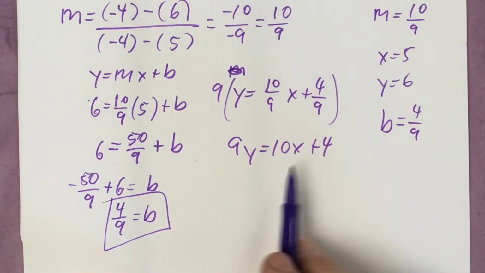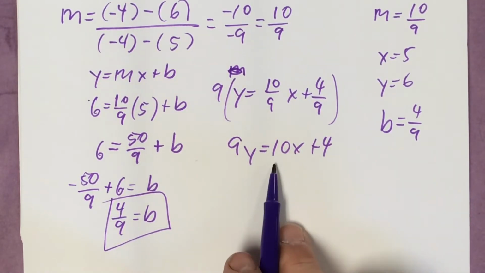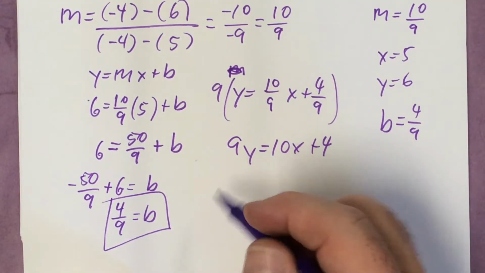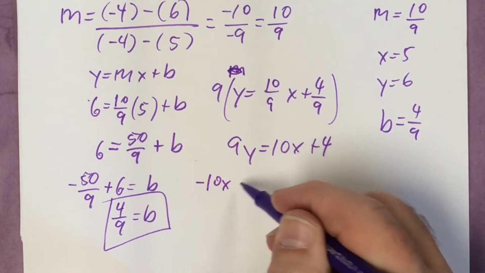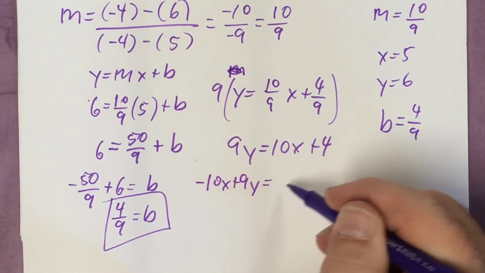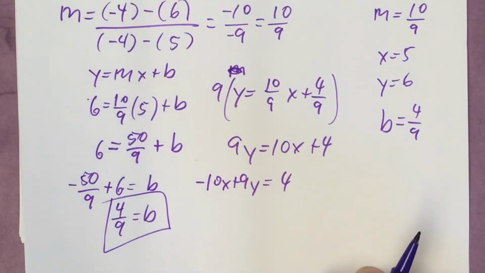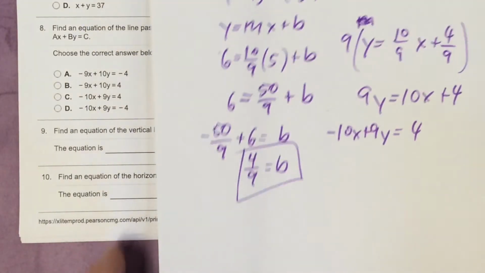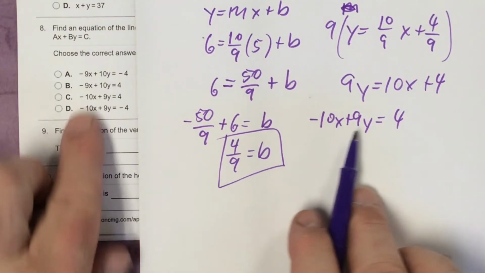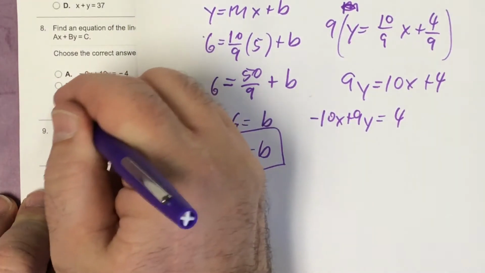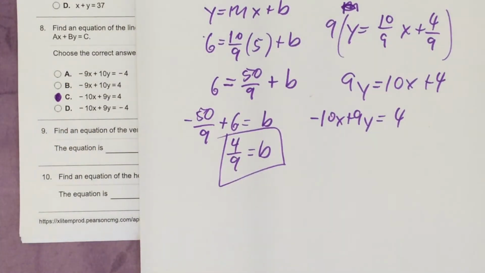And just remember one more thing. Once we get rid of the fractions, we need to move the x over to the other side. So I'll write that as negative 10x plus 9y is equal to 4. And let's see if we have a choice that aligns with that. Indeed we do. And it looks like it's going to be choice C. Negative 10x plus 9y equals 4. So that looks like our choice for answer to the question.